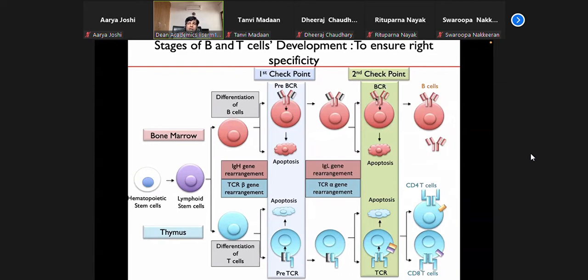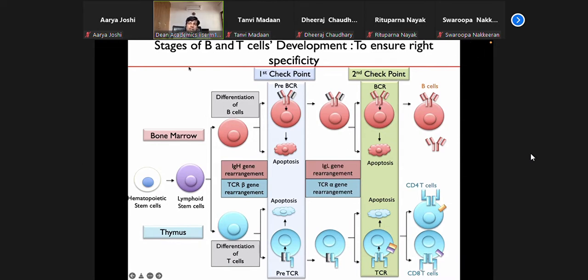Now you have a fully assembled B cell receptor, and if it recognizes your own antigens, the cell is going to die. This is called a second checkpoint. The purpose of having these first and second checkpoints is to eliminate those cells which have either failed to assemble the BCR, or start recognizing your own antigen.